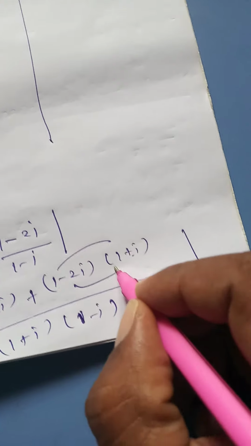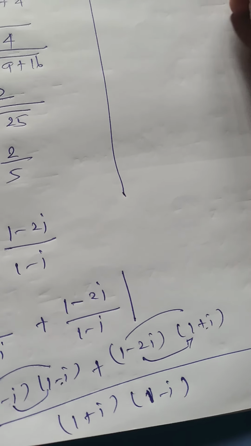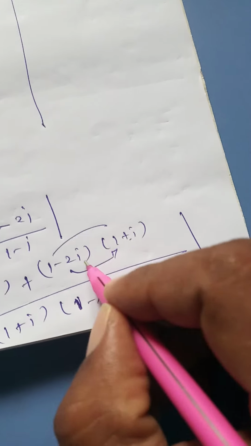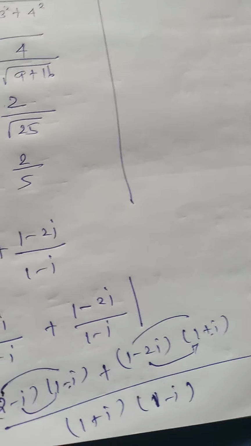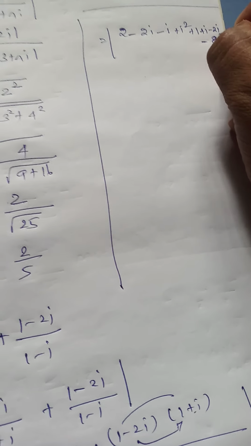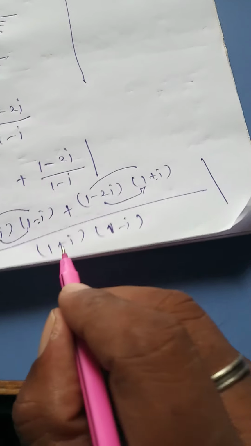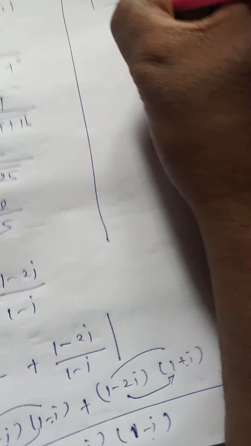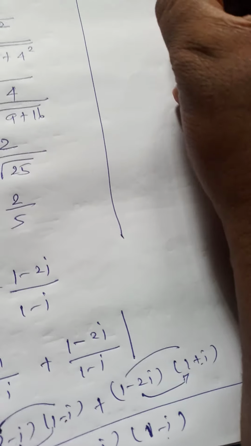Then 1 into 2i... minus 2i into 1 is minus 2i, minus 2i into i is minus 2i squared. The whole divided by a plus b, 1 plus i, a minus b, 1 minus i, which gives 1 squared minus i squared.